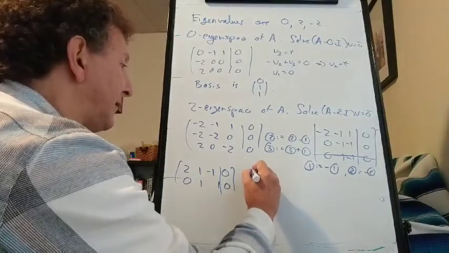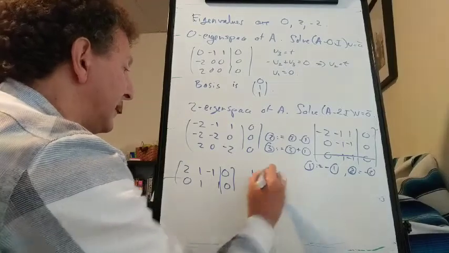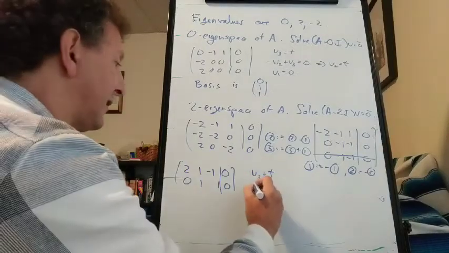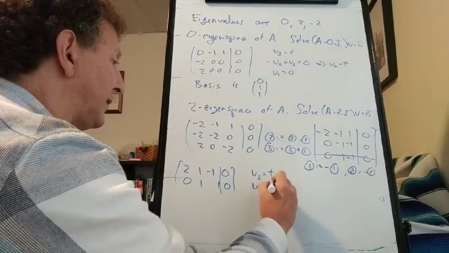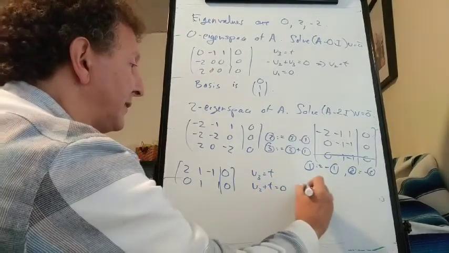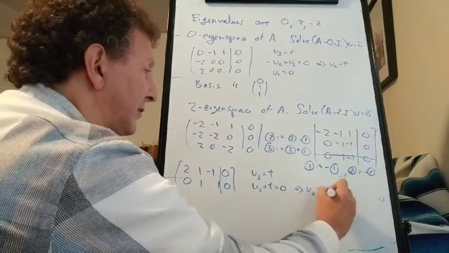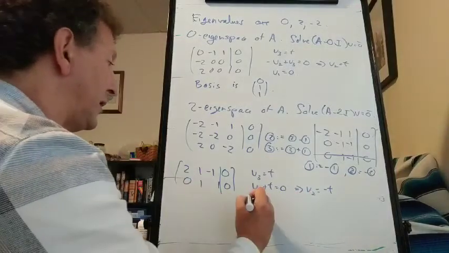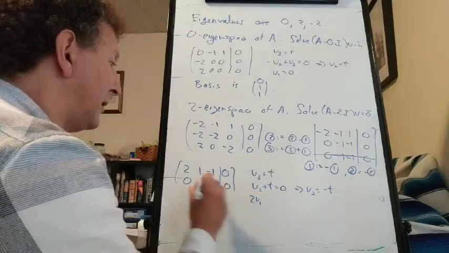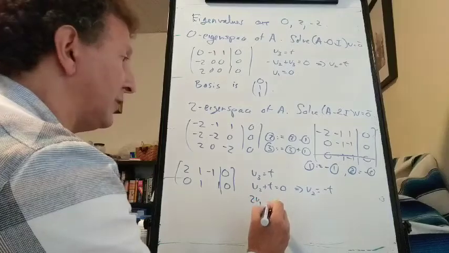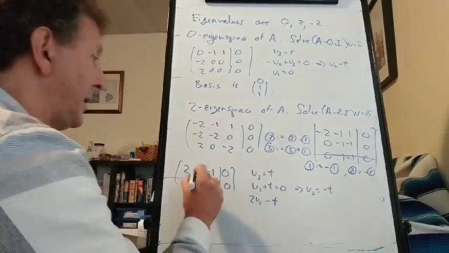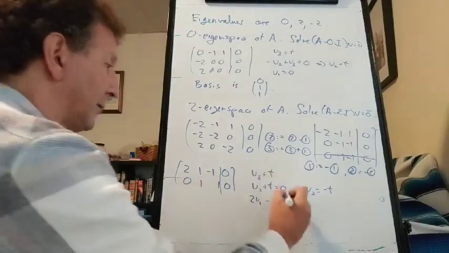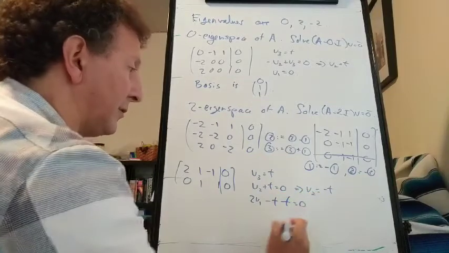Alright, so if we let v3 be t, then the second equation says that v2 plus t equals 0, so that means that v2 equals negative t. And then the first equation says that 2v1 plus v2, so it's negative t, minus v3, so minus t, equals 0.